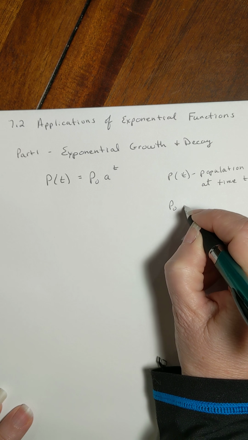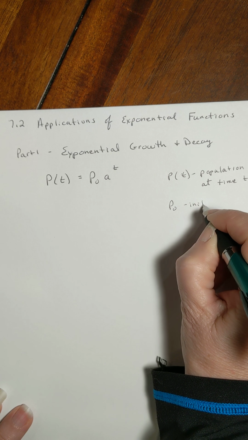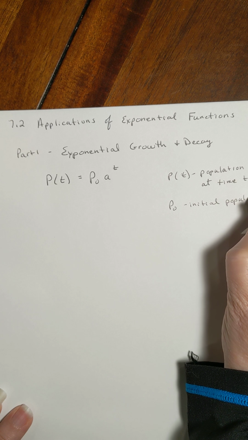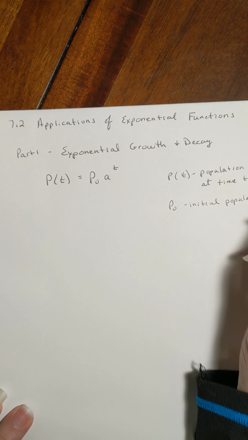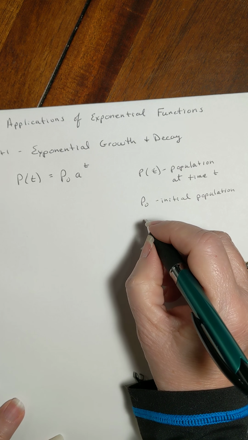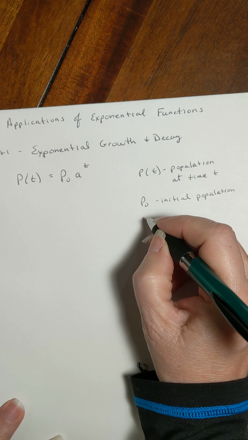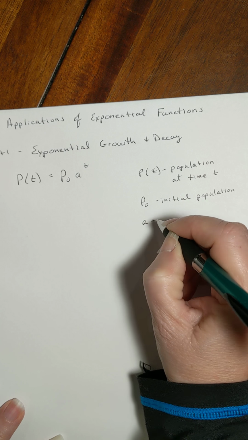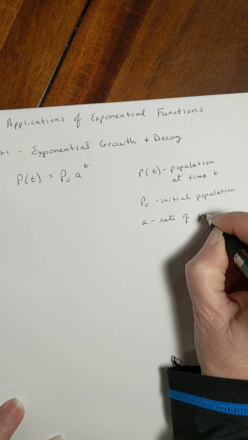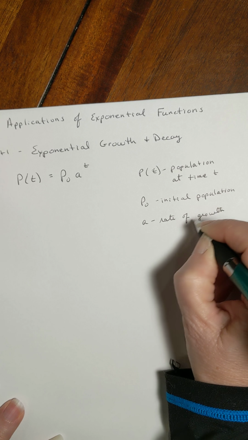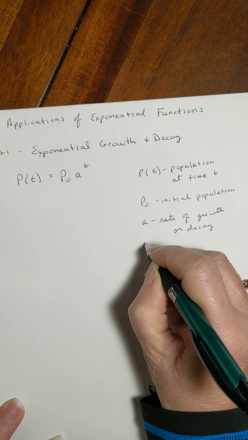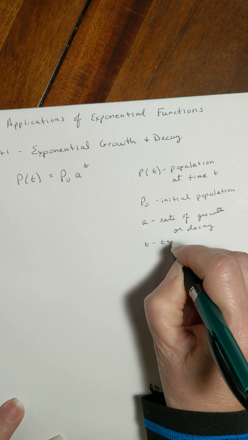P of 0 is the initial population. And A is the growth or decay rate. We'll talk about that in a second. And then t, of course, would be time.